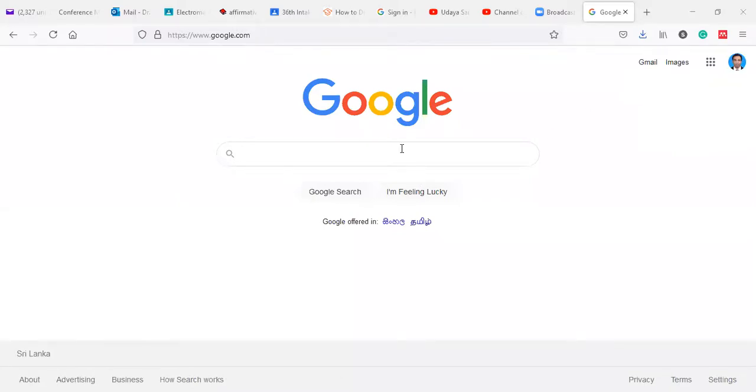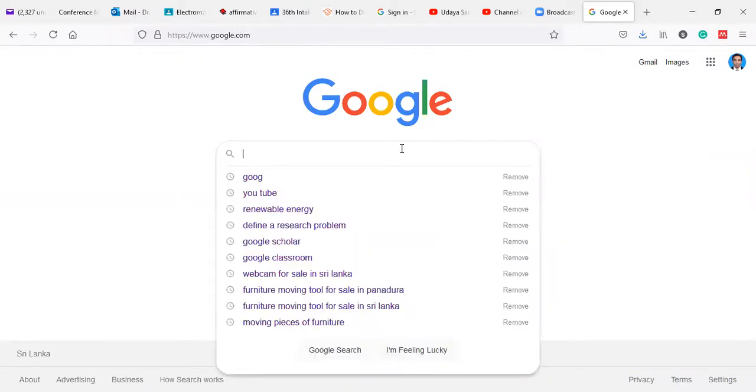Here we can select one of the specific terms.